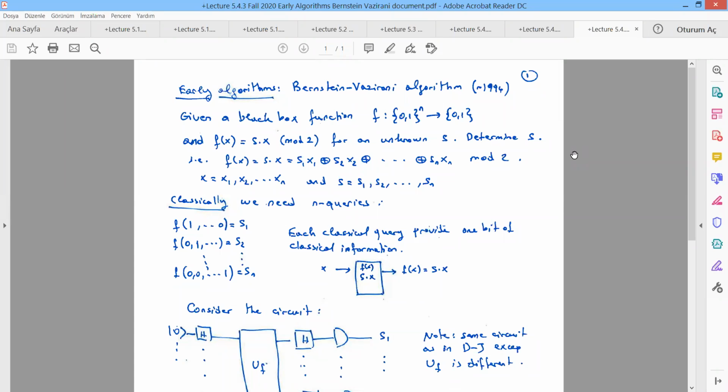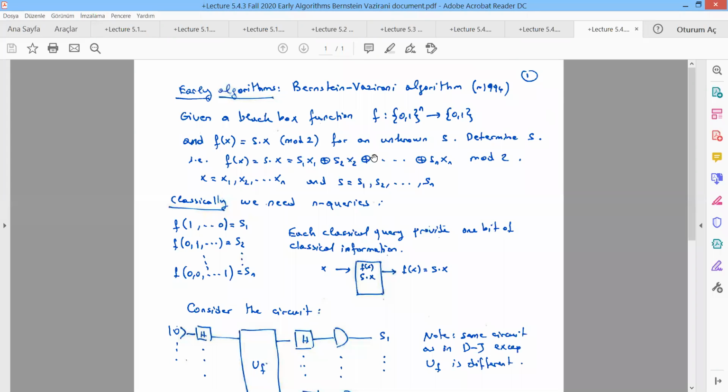The next early algorithm I'll discuss today is the Bernstein-Vazirani algorithm, which was introduced just after the Deutsch-Jozsa algorithm, in 1994. And the circuit is also very similar, as we'll see. The problem is as follows. Now we are given a black box function again that maps n-bit strings to a single bit. This is the mapping.